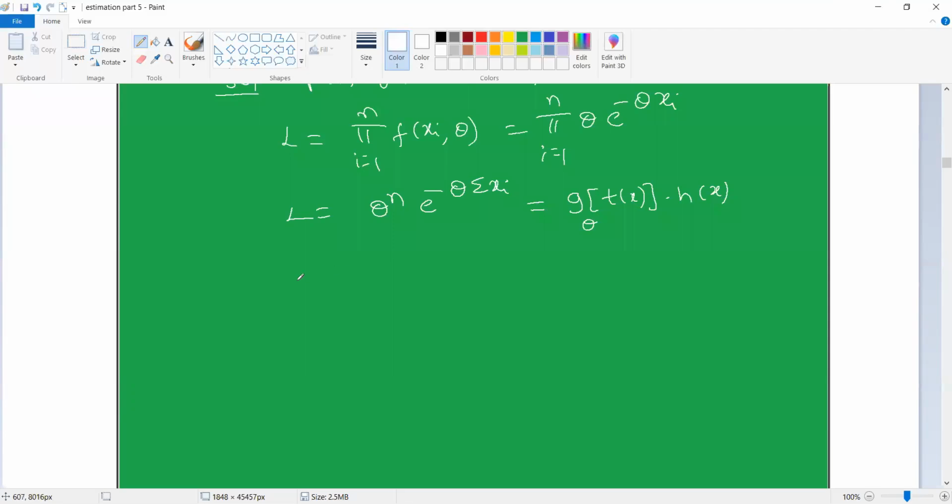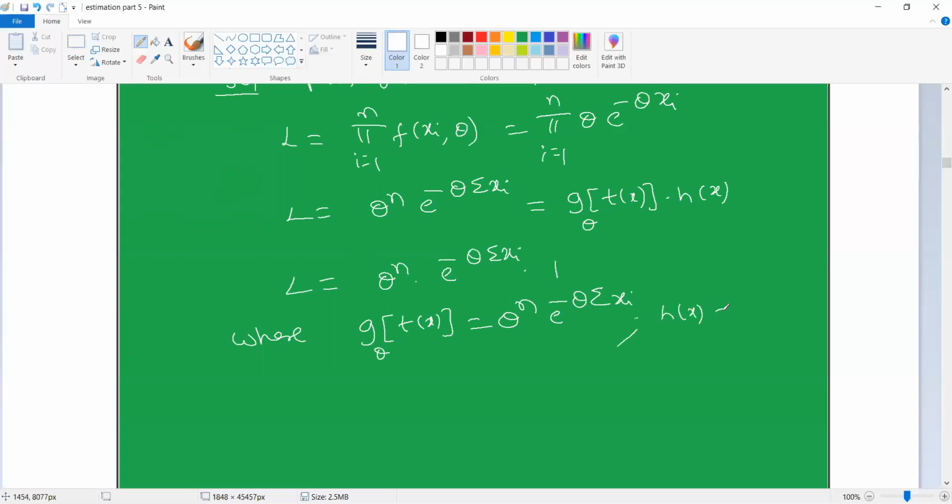Now L is equal to theta^n e^(-theta summation xi) into 1, where g of t(x) under theta is theta^n e^(-theta summation xi), and h(x) is equal to 1, a constant, not a function of the sample observations.